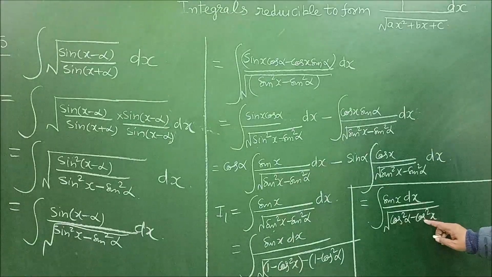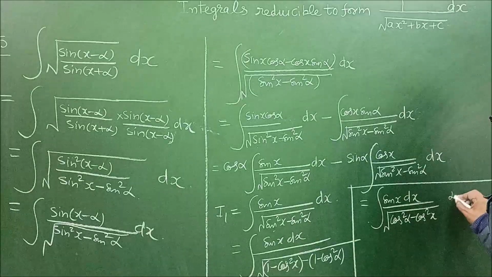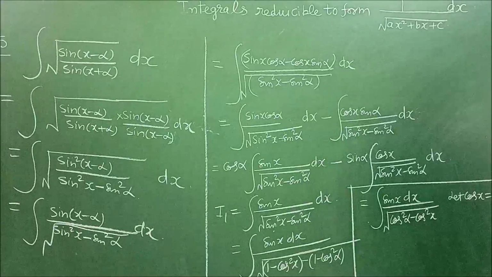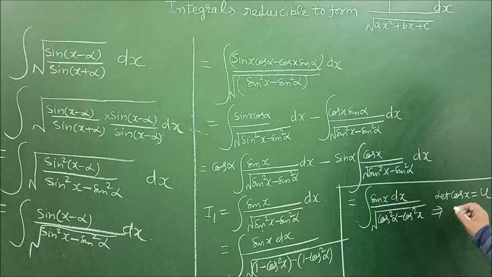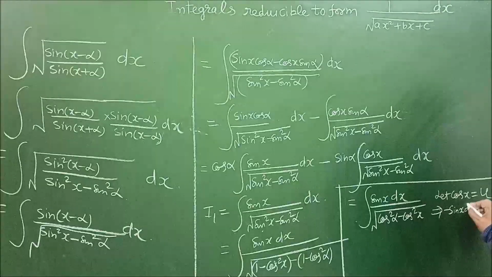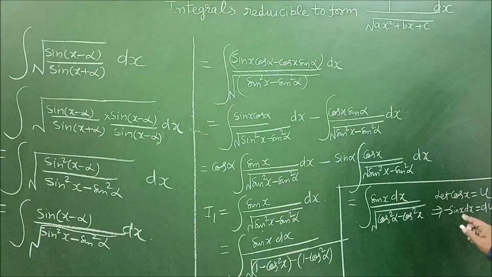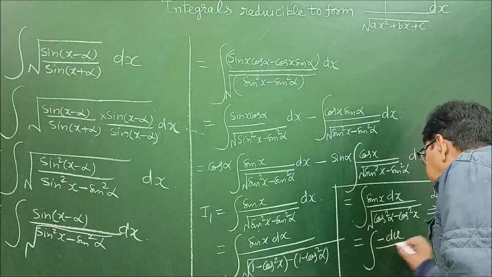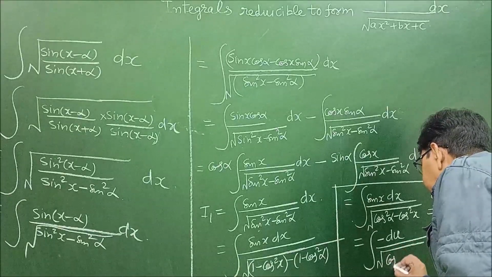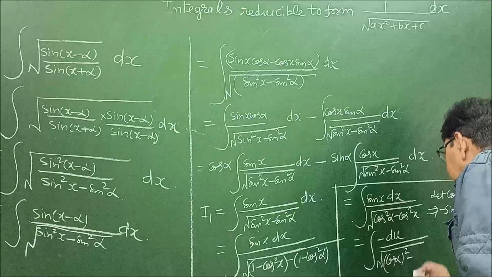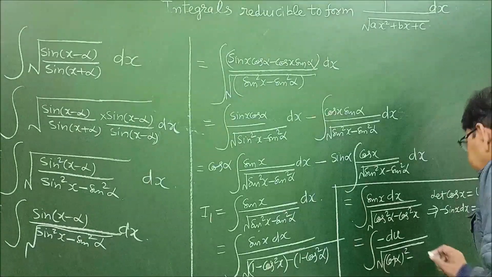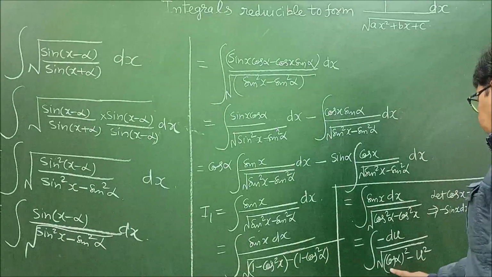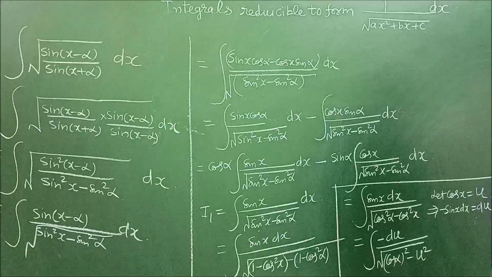Now the derivative of cos x is here, so let cos x be equal to u. On differentiating it with respect to x, we get −sin x dx is equal to du, or you can say sin x dx is equal to −du. So integral of −du upon under root of cos²α − u². So this is of the form under root of a² − x².